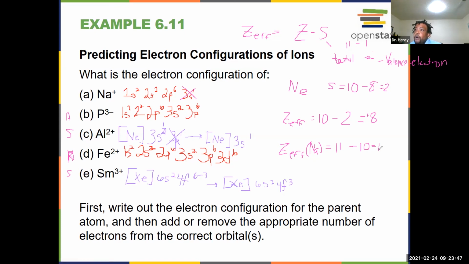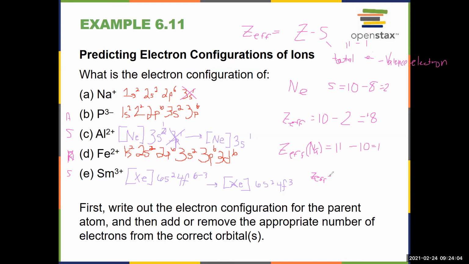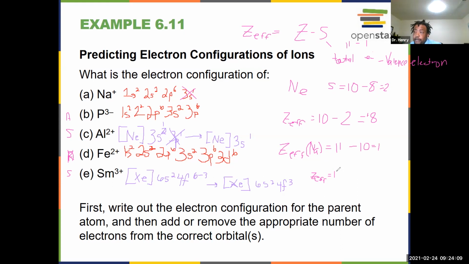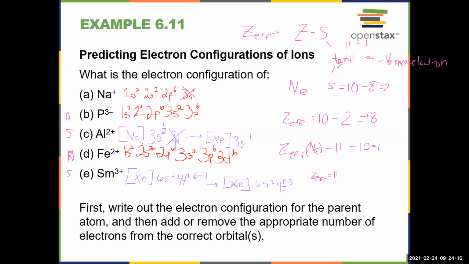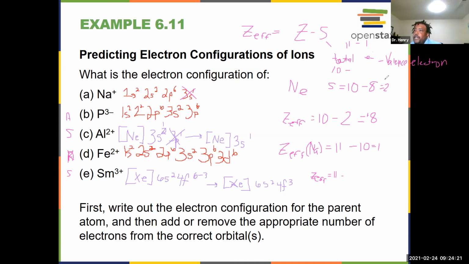Okay. So if I have sodium plus, what is my Z effective? In that case, I've gotten rid of that one valence electron. So it would be 11 still, minus, our total number of electrons is 10, minus the number of valence electrons.